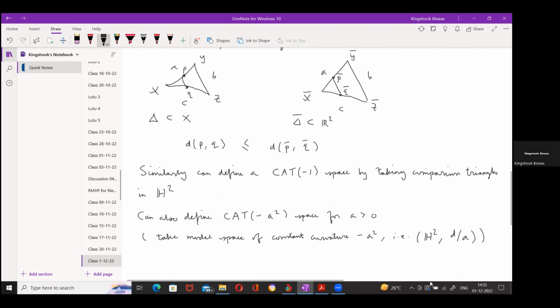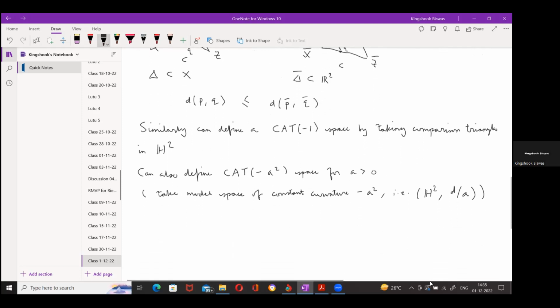I can call this, let's say, H2 minus a squared. Instead of constant curvature minus 1, it has constant curvature minus a squared. That's all. So then I can define a CAT(-a squared) space.